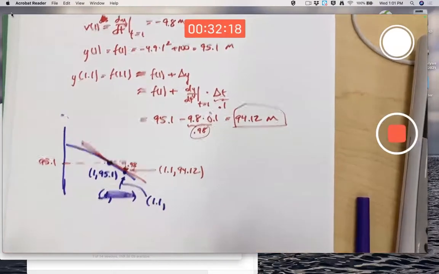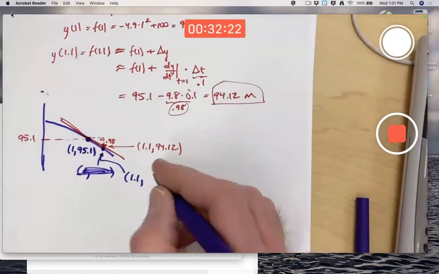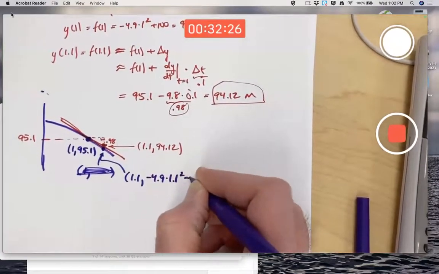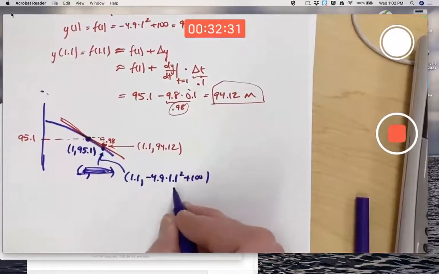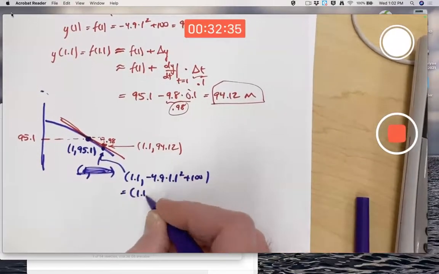What's the actual height at time 1.1? Plug 1.1 into the function, negative 4.9 times 1.1 squared plus 100. This quantity, when I compute it, is going to be a little lower than 94.12. How much? I don't know until I actually do it.